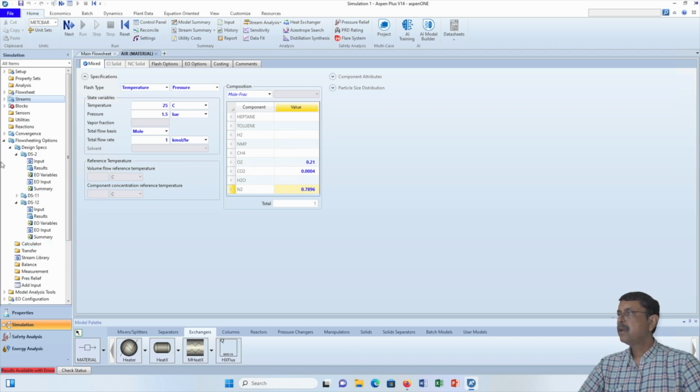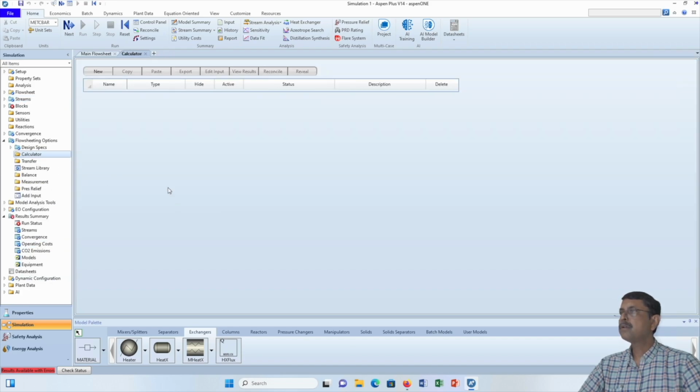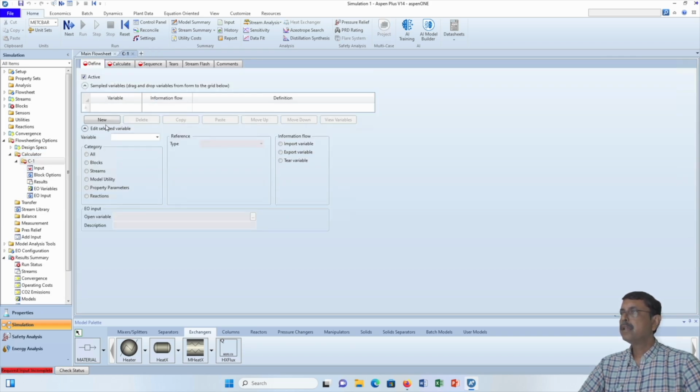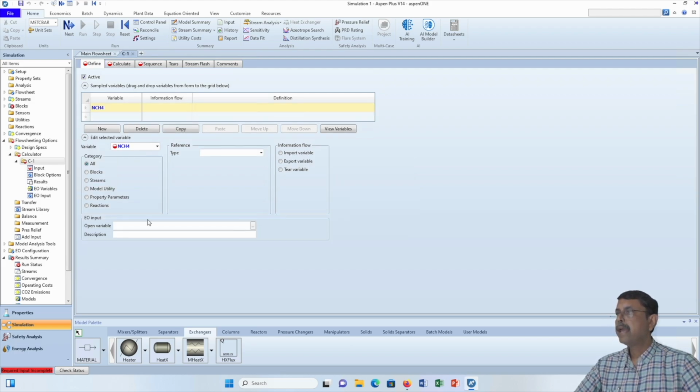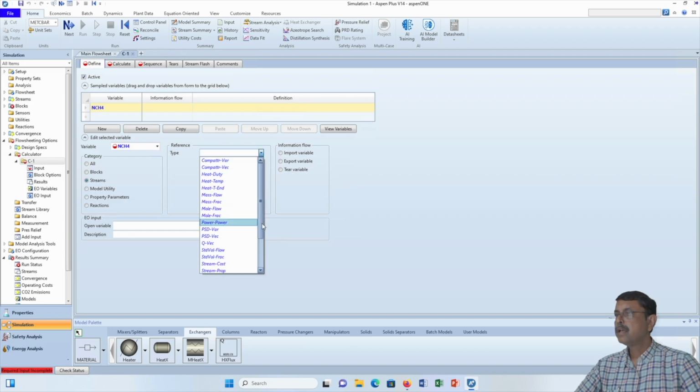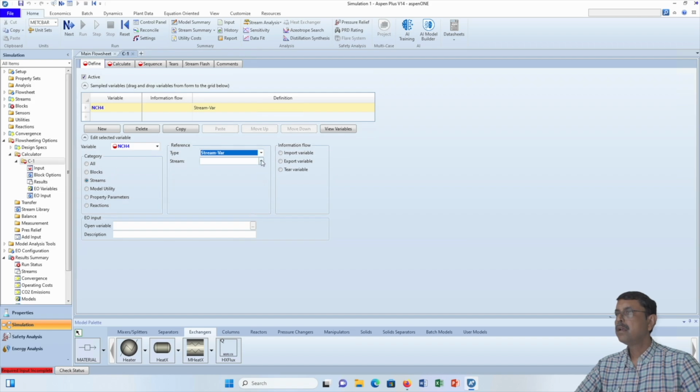So here we take a calculator block. Then define NCH4, and that is a stream variable, the stream variable of CH4 molar flow rate.